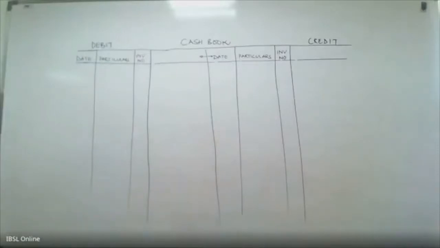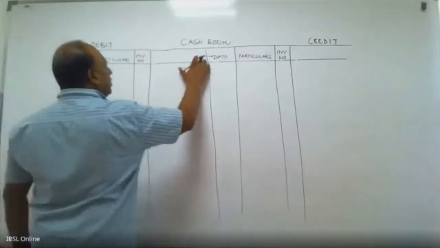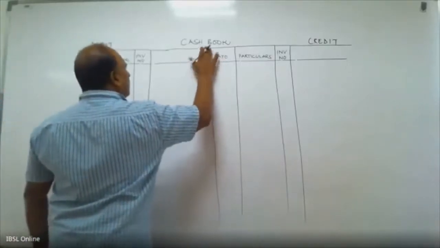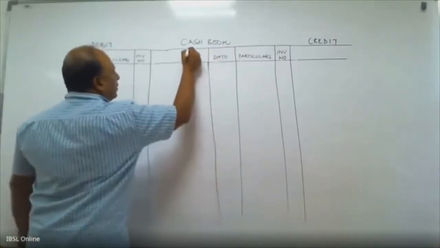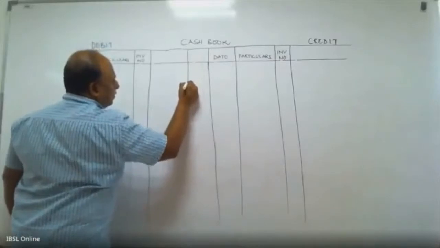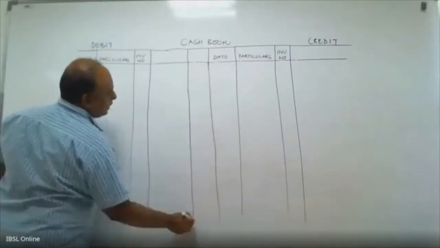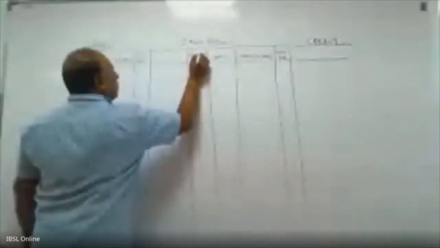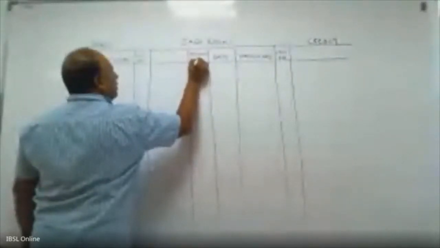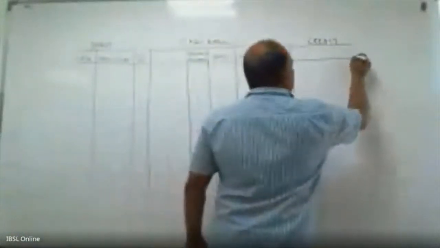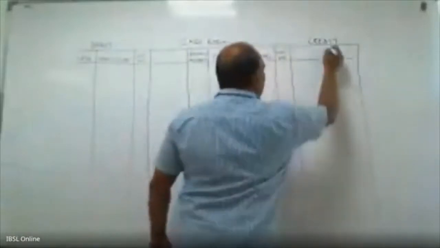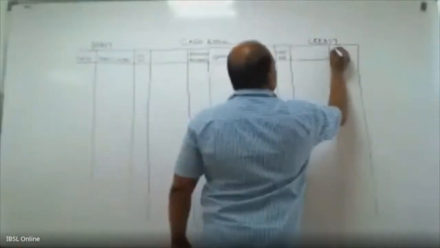Then thereafter, normally we might have a column which I will explain to you. I will keep this space just for that. We have a column called discount allowed, and on that side we have a column called discount received.